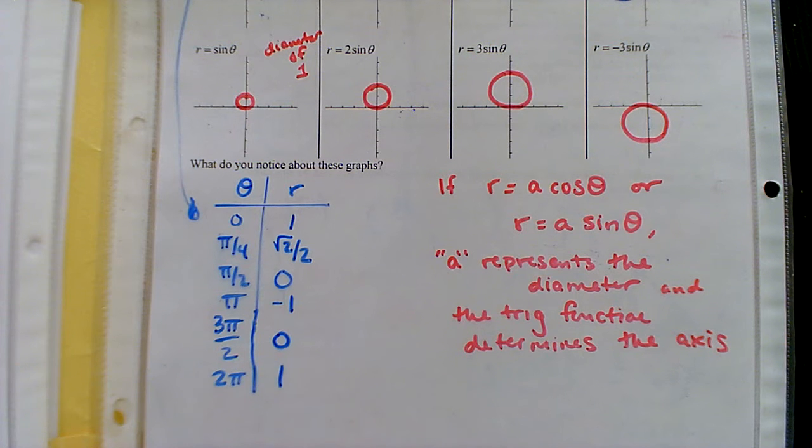So if it's a cosine function, we know it should be drawn on the x-axis. If it's a sine function, it should be drawn on the y-axis.